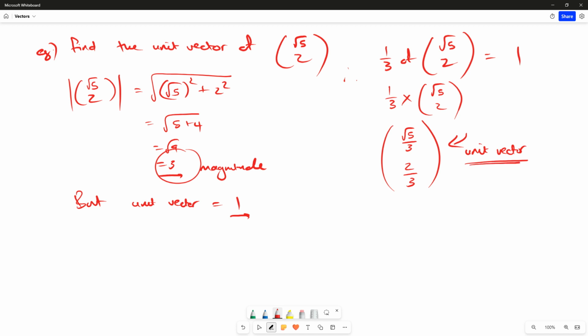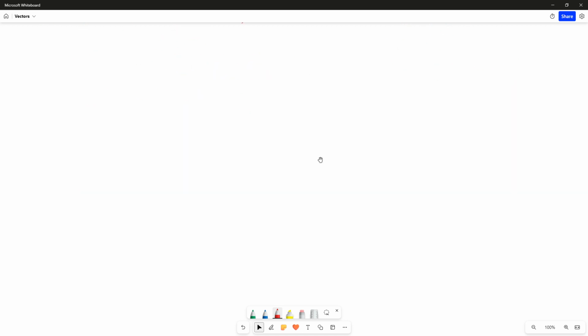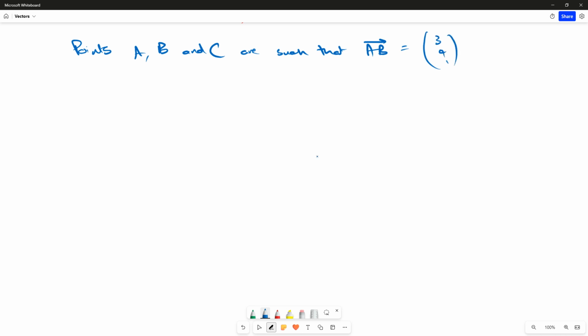Now let's have a look at the question in 3D. All right, we got points A, B, and C such that AB is equal to 3, 4, 1 on the XYZ plane, and BC is equal to 11, negative 2, negative 1.